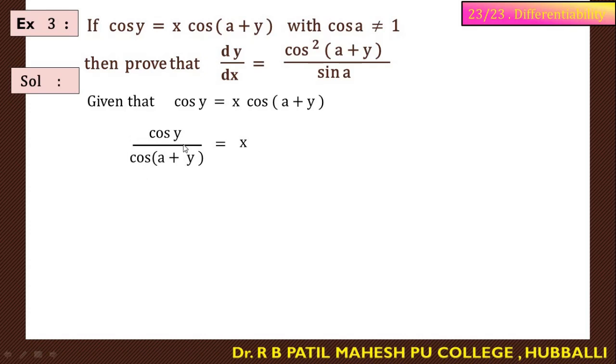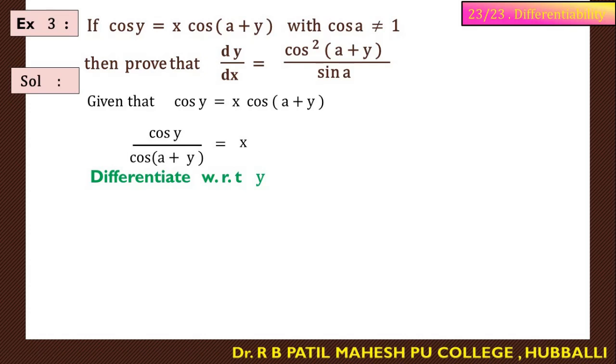In previous examples we were differentiating a y function with respect to x. Here x is a function of the y variable. So differentiate with respect to y. That means don't multiply dy by dx, because we are differentiating with respect to that variable only, and it is a division form, that is a quotient form. So to write the derivative you have to follow the quotient rule.